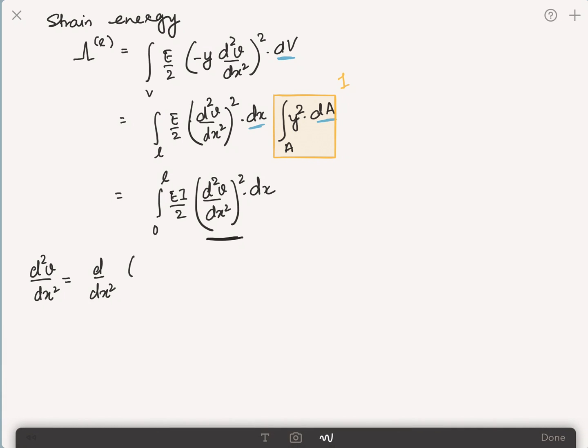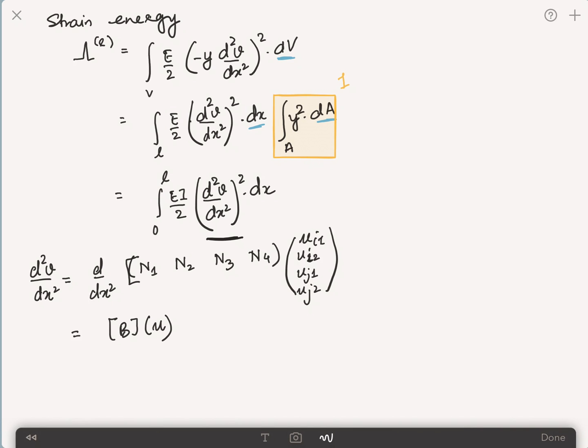If we are writing in a sort of a matrix vector notation, then you have n1, n2, n3, n4, which are the shape functions associated to the degrees of freedom ui1, ui2, uj1, uj2. Or if I want to write it in a very compact form, then I can also write d square v dx square as B times u. Of course, this vector can also be written as a box, like a one row matrix.